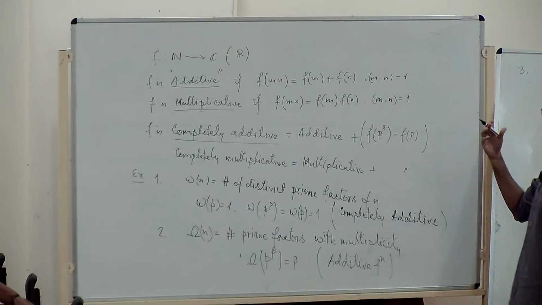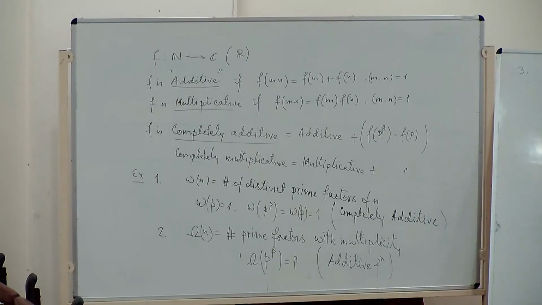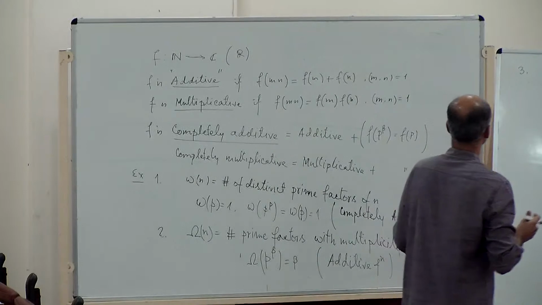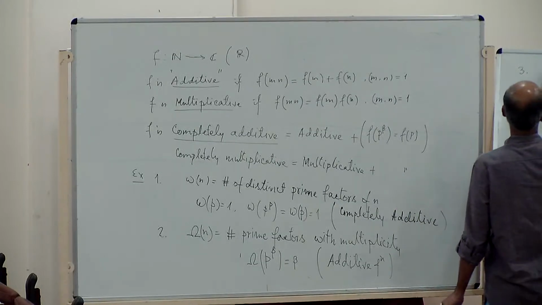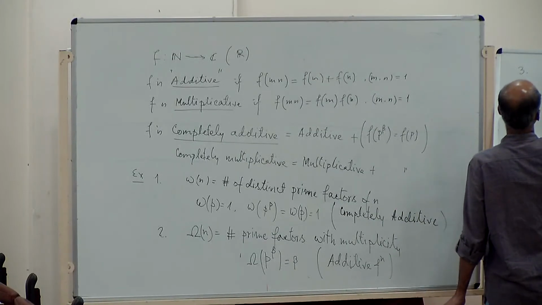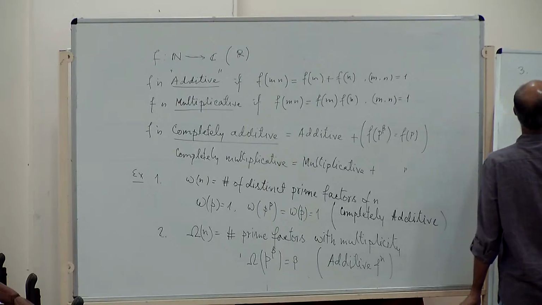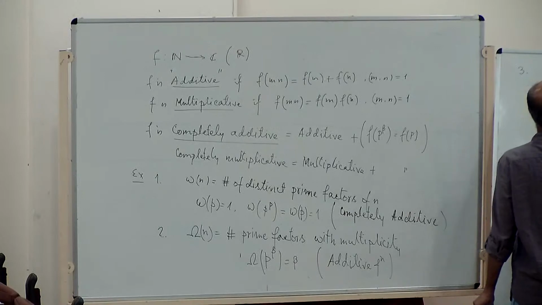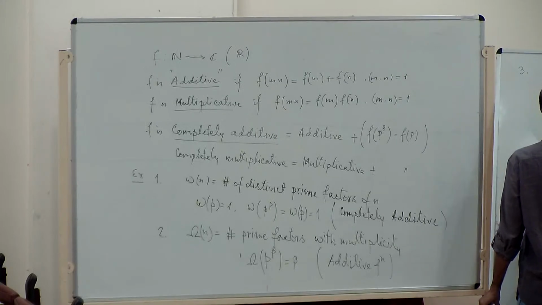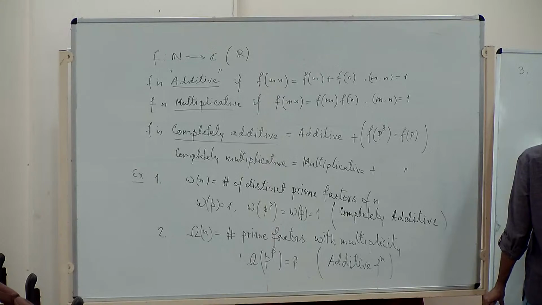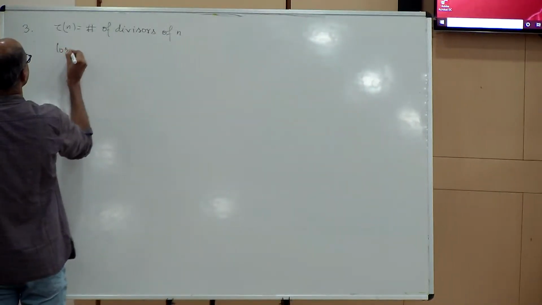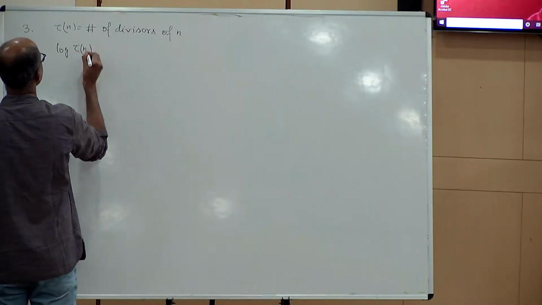Functions actually. So, you can look at a logarithm of multiplicative functions which do not vanish. So, then that will give you an additive function. So, for example, this divisor function tau of n, the number of divisors of n, then log of tau n is additive.